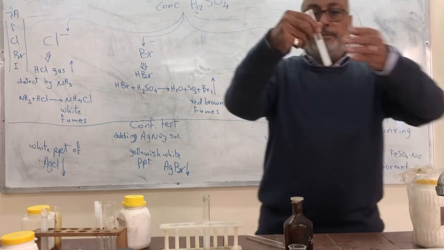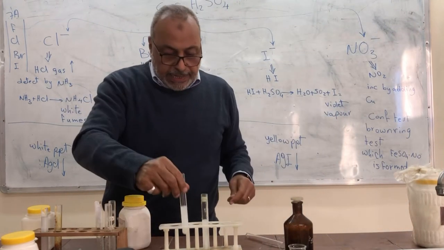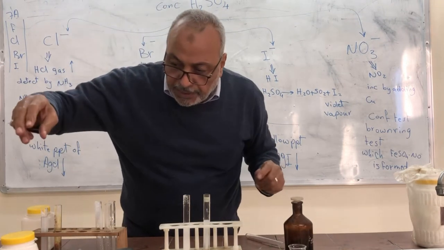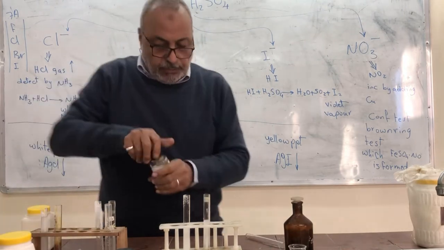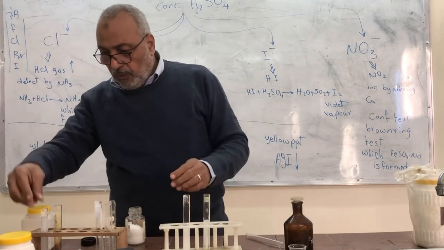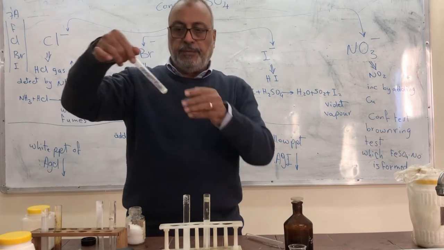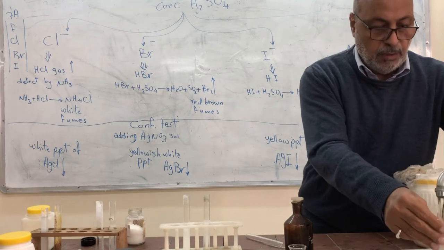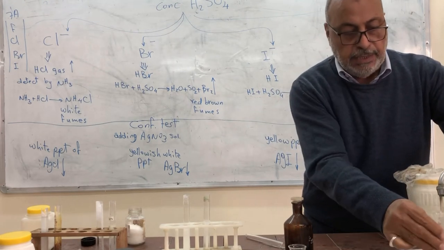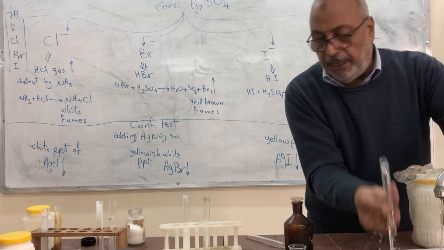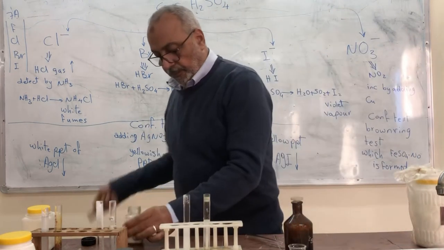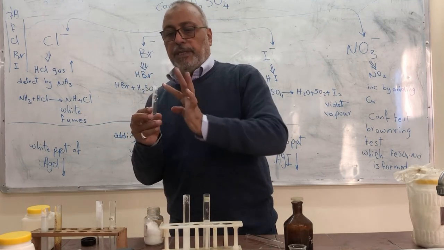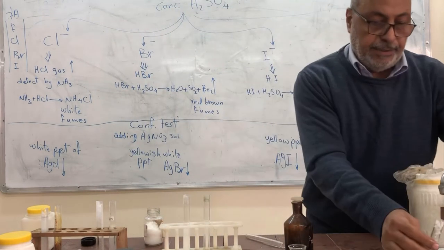Bromide solution, and add silver nitrate. The third one is iodide. Get some salt of iodide, make a solution from it, and add silver nitrate.